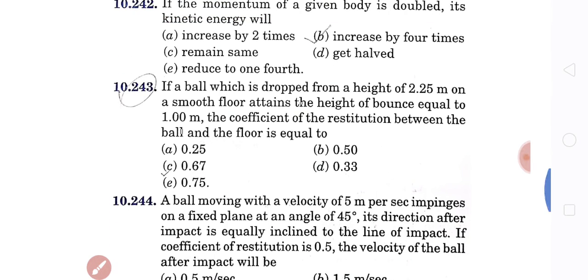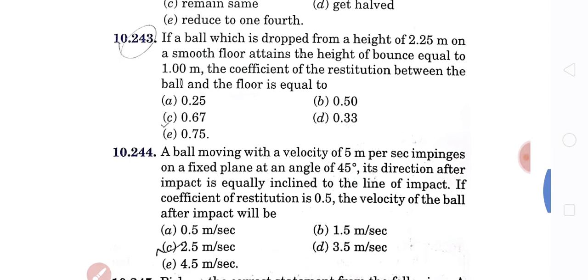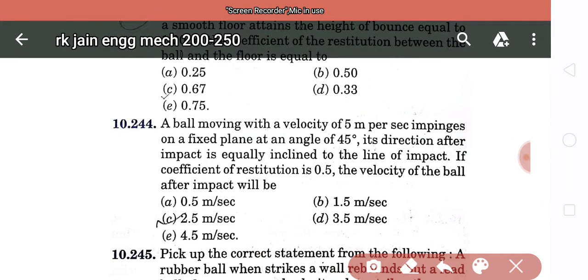If a ball which is dropped from a height of 2.25 meter on a smooth floor attains a bounce height of 1 meter, the coefficient of restitution between the ball and the floor is equal to 0.67.